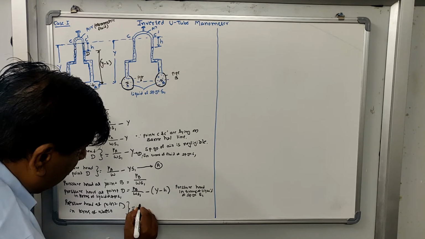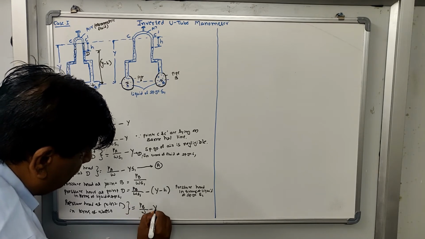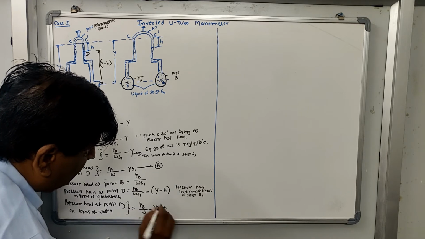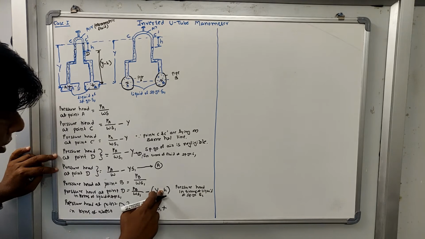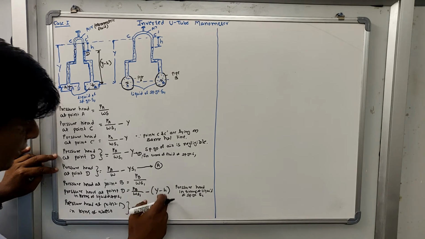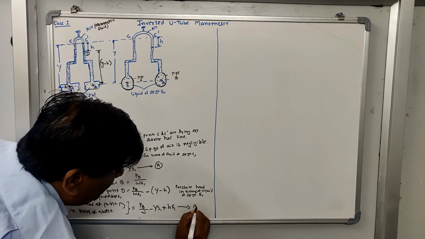So this is equal to PB by W minus Y S1 plus, because this is minus Y, this minus sign when you have taken out inside the bracket, it is plus H S1. So this is equation B.